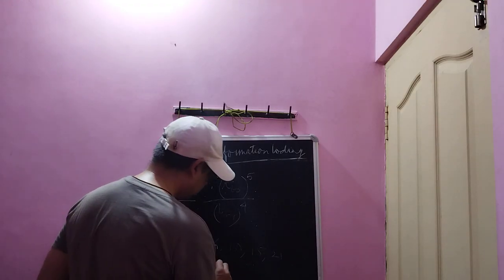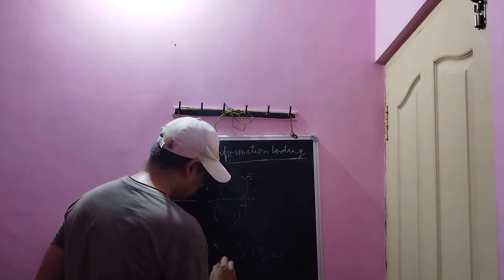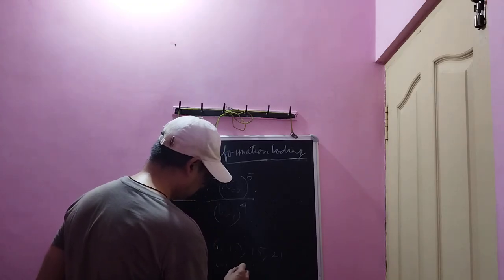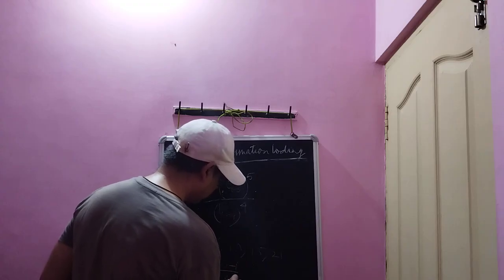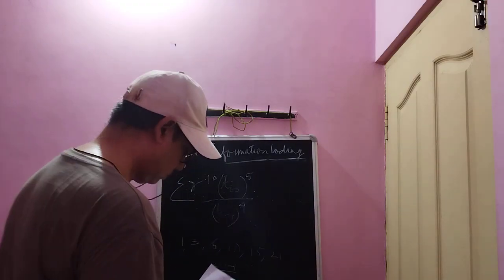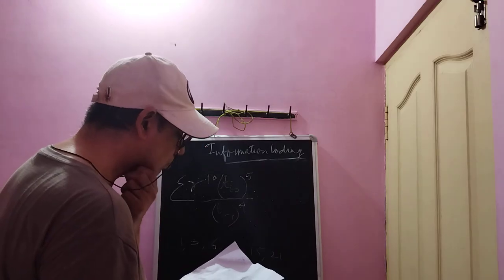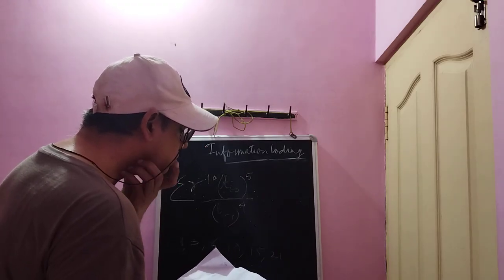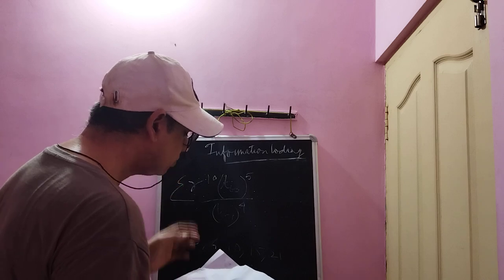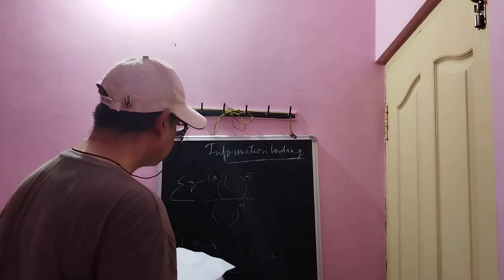This is nothing but i times (i minus 1) by 2.